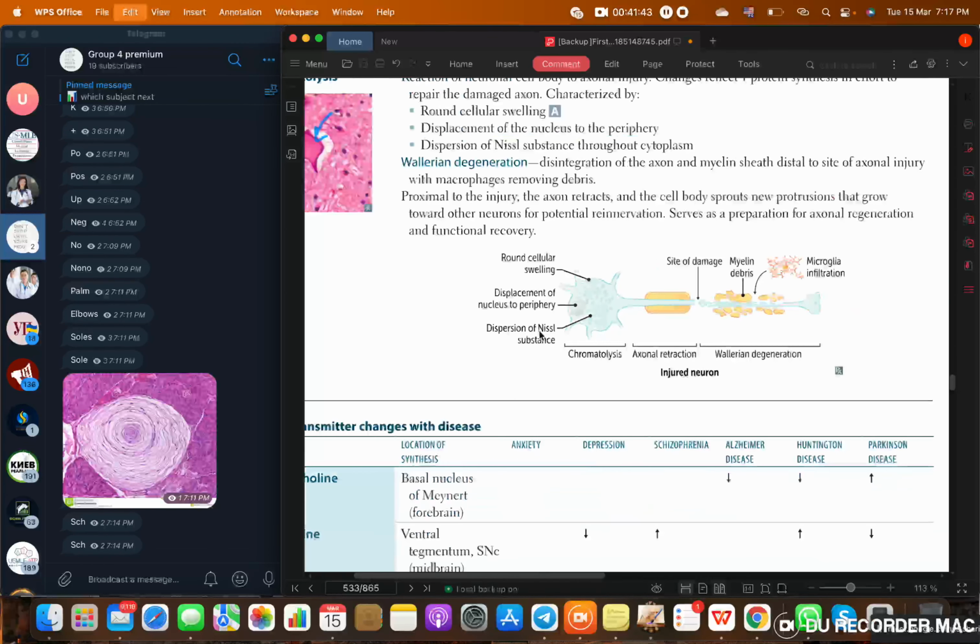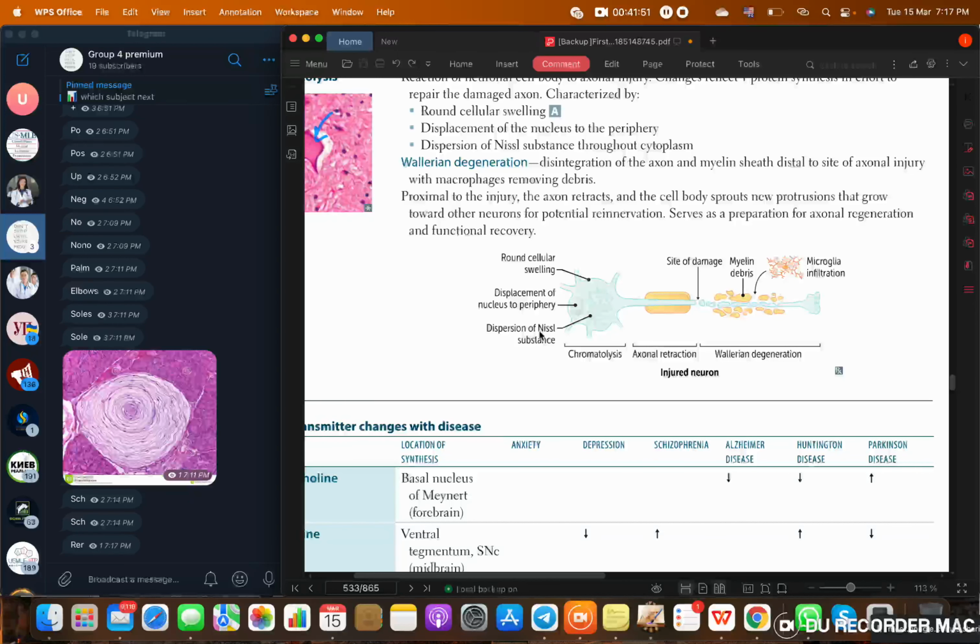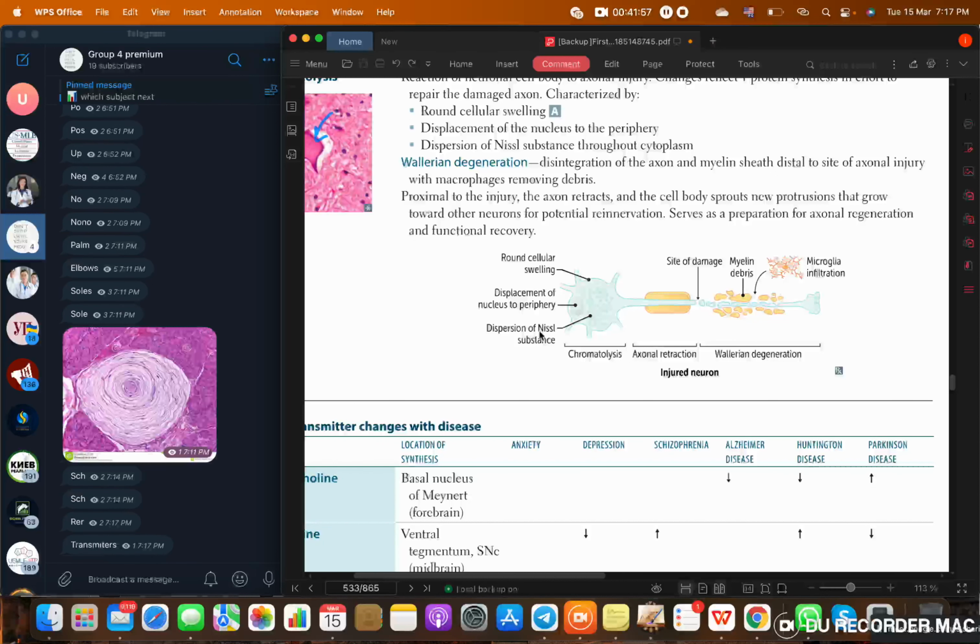What is Nissl substance? Does anybody remember what was the function of Nissl substance? Yes, it creates the transmitters, absolutely.